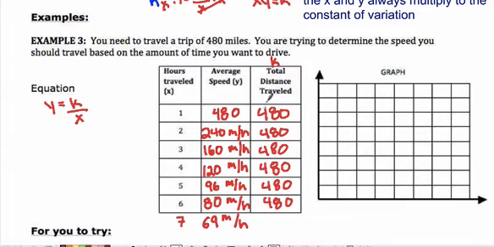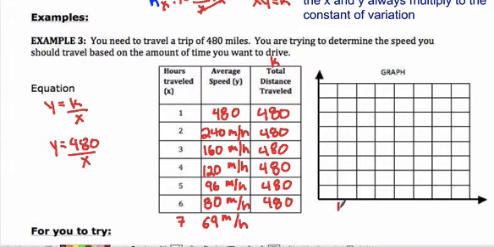What is our k? Well, our k is this 480, right? So we're just taking our x and y, and each time they multiply to 480. So our equation for this is y equals 480 over x.